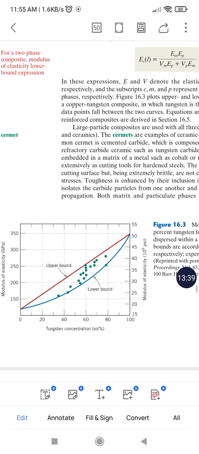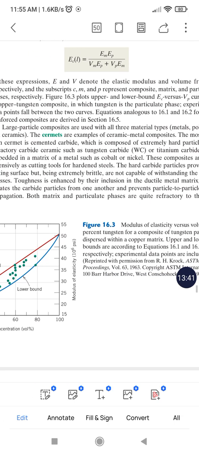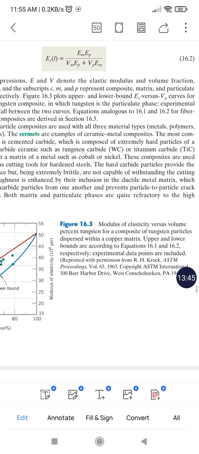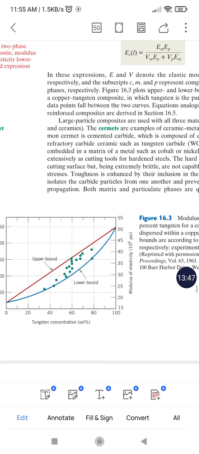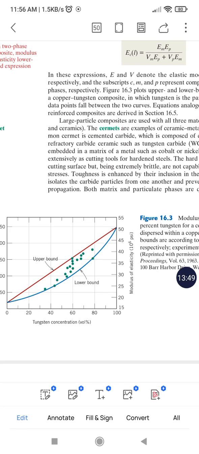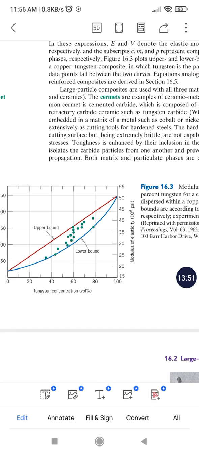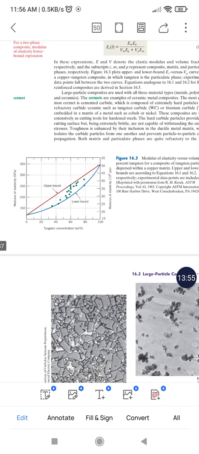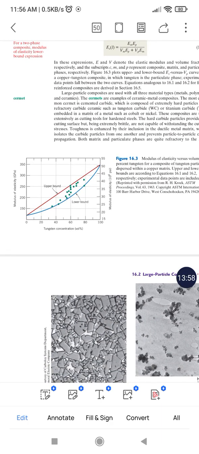The dots are the experimental values of the elastic modulus of the composites. This is tungsten particles dispersed within a copper matrix. So the matrix is copper here, the particles are tungsten.